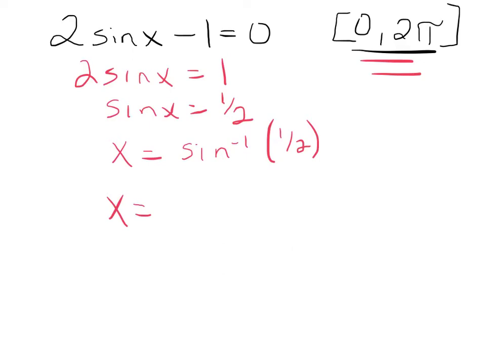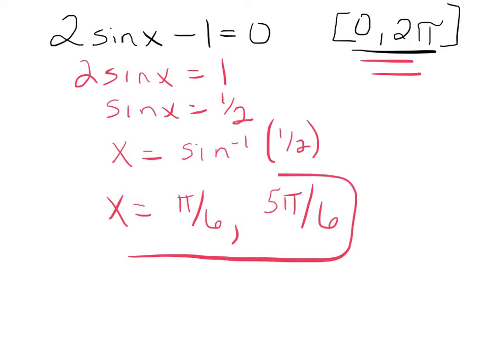Well, the sine is positive in the first and second quadrant, and a sine of 1/2 would put me at pi over 6 in the first quadrant, and 5 pi over 6 in the second quadrant. So those become our solutions to the equation 2 sine x minus 1 equals 0.